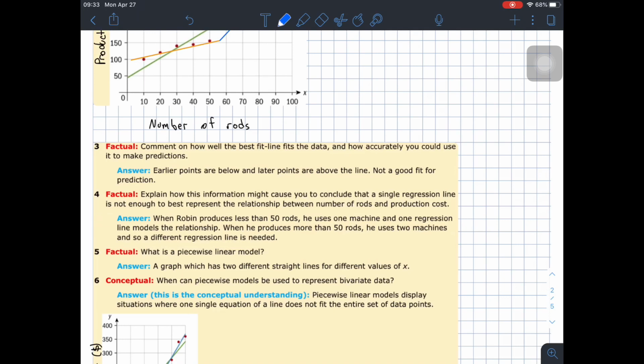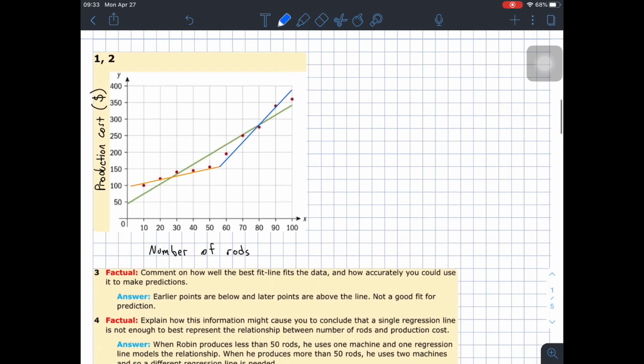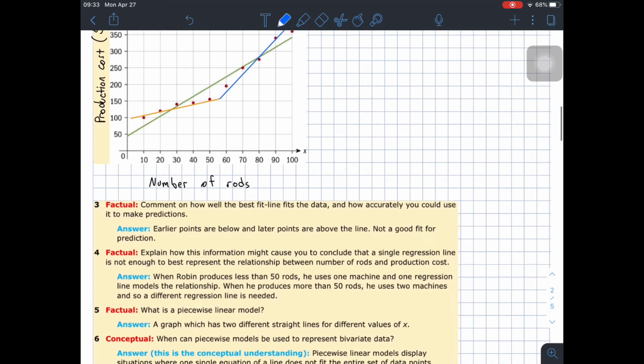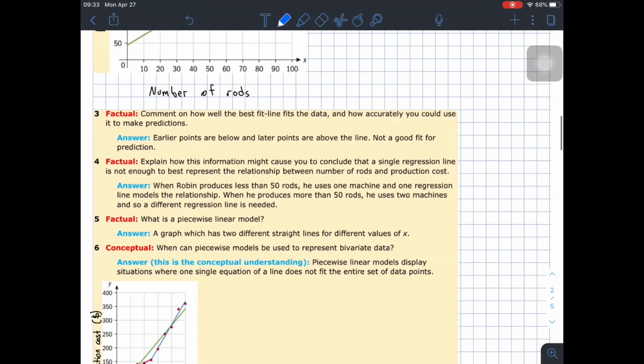The production changes a lot when we implement more machines to the production system, right? So maybe that is what is happening here. Okay, as more machines are introduced to the system, then the line becomes steeper because we're able to produce more rods with less money, right?